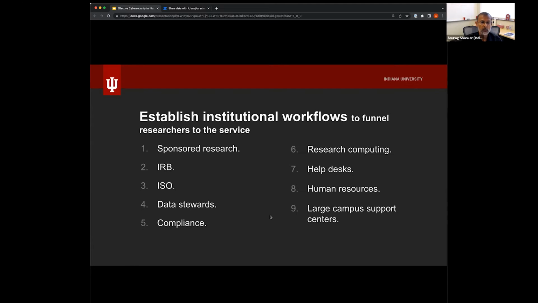Sponsored research, for example, in our case, if they get a contract which has, for example, DoD CUI terms, the researchers are sent to us, and we basically take care of them holistically at that point. We just learn what they're doing, and same thing with all of these other people. When researchers come to them and there's a security compliance issue, they will send them to us.